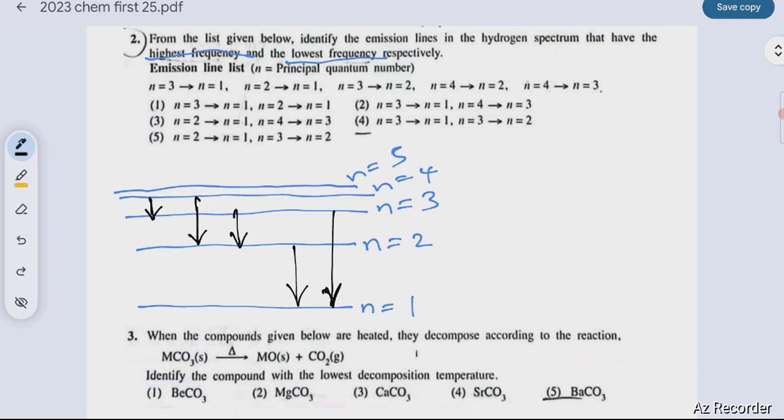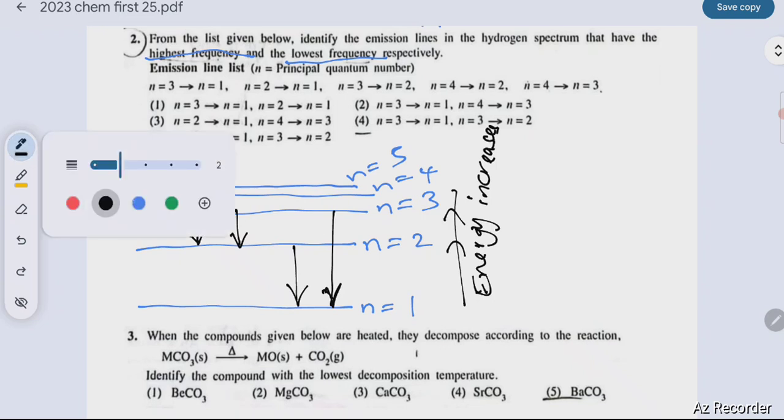So now you all know when there is a transition from one level to another level and energy is emitted, right? And what happens to this energy? When we go from n equal 1 to n equal 5, the energy increases. Then what can you tell about this energy gap?